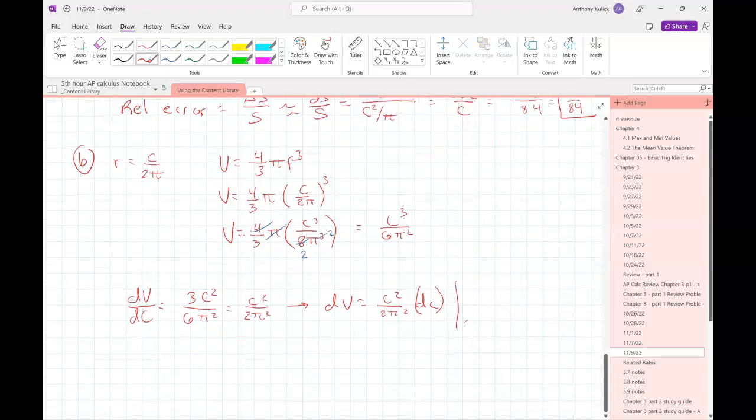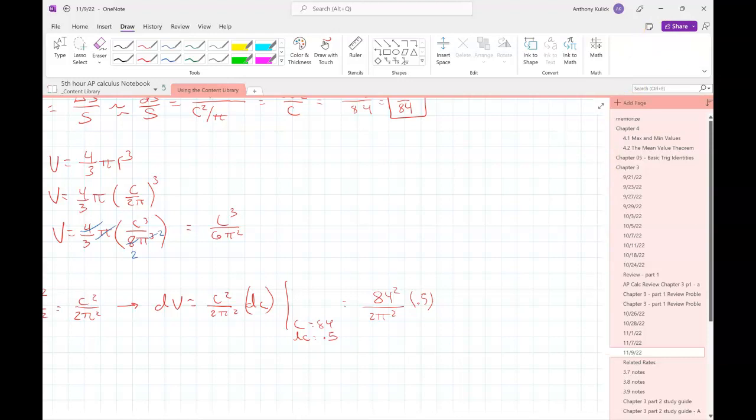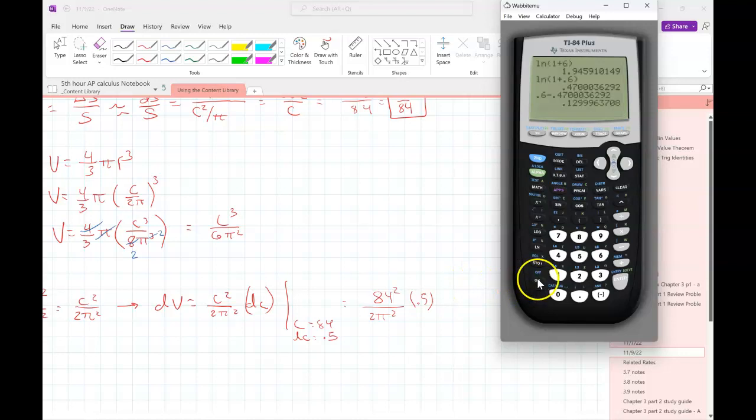Then if I evaluate that when c is 84 and dc is equal to 0.5, we get 84 squared over 2 pi squared times 0.5. I guess we'll just type that all into the calculator. Somehow I managed to miss doing part B when I did my answers for this. But once we've done this much, it's kind of the same thing.